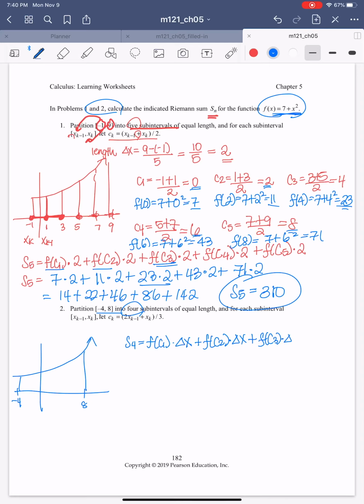F of C sub 3 delta x, F of C sub 4 times delta x. You do that each time. Calculate C1, C2, C3, C4, delta x. Multiply, sum that up. You should have S sub 4 as 246. Okay, so please try number 2 on your own and then check to see if you get 246.